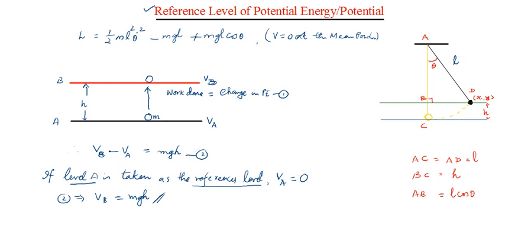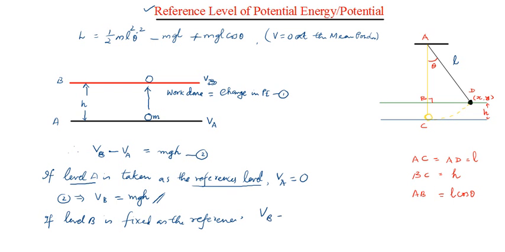That's quite clear. Now the idea will be more clear if we do the reverse. What is that? If level B is fixed as the reference, so it's all a matter of convenience, as I told you. Then what do you have to do? We have to fix VB equal to 0.